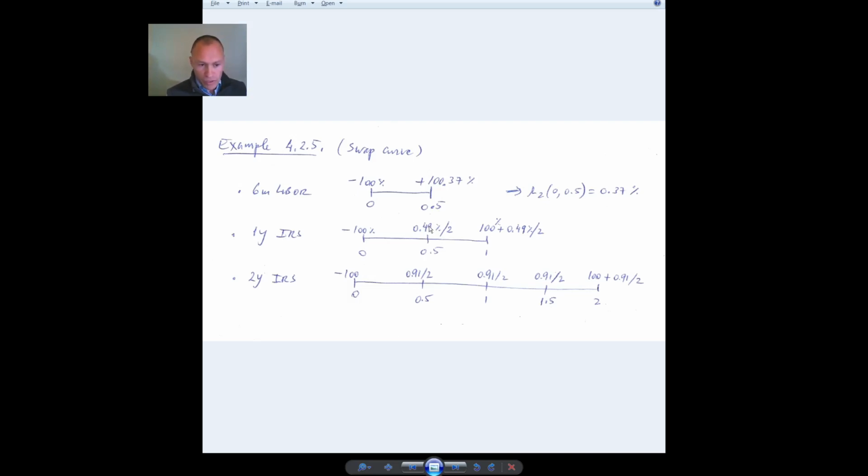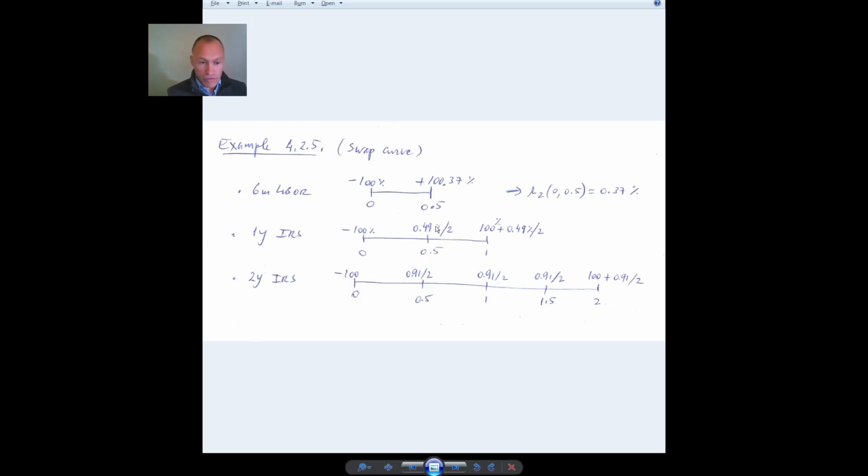It pays coupons every 6 months, so it means that I'm going to get this coupon here and that coupon there, right? And as we saw in the previous video, the way we got to this price was by that formula where we said that the value of the fixed leg has to equal the value of the floating leg, and the value of the floating leg has to be 1.